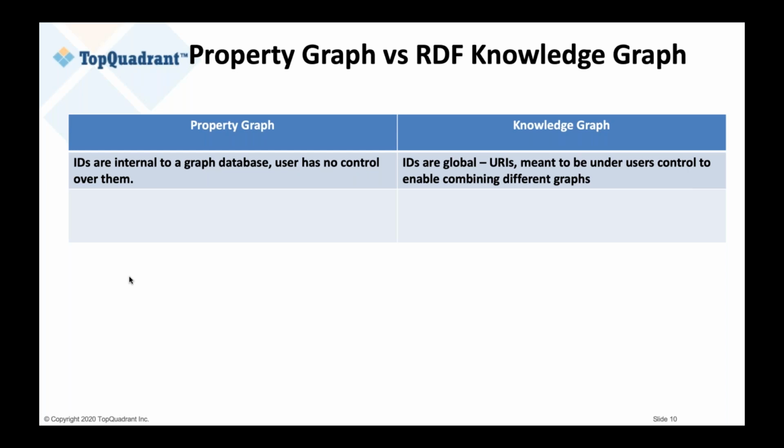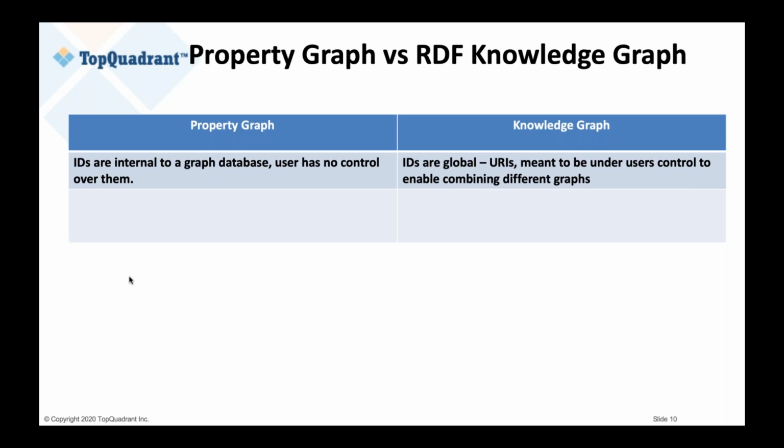Let us highlight again the differences. One is in terms of IDs, where in property graphs, they're kind of internal to the graph database, and they're generated by the graph database and controlled by that. So there is no notion of reusing identifiers for ease of connectivity across a knowledge graph.